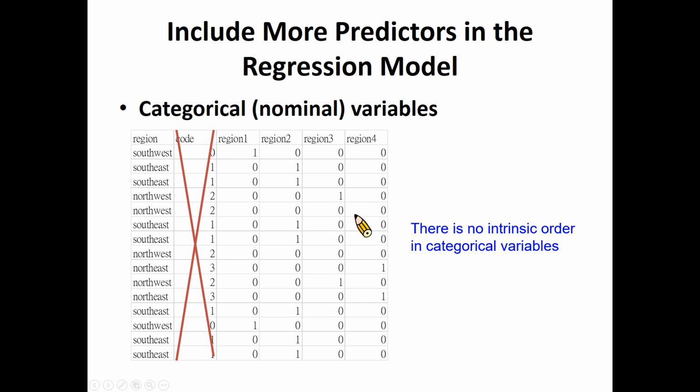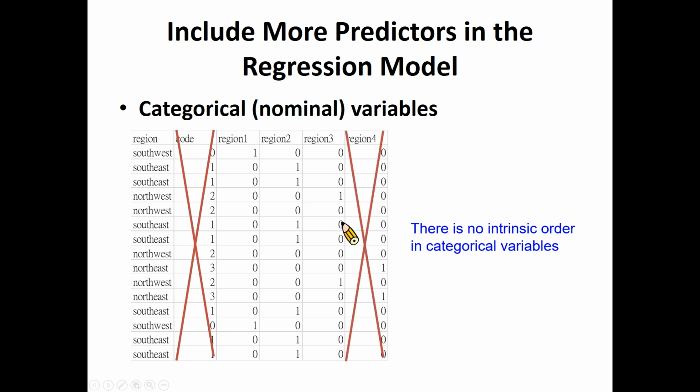So that's why, when we create dummy variables for a categorical variable, we could create one for each region, but in reality we only need three of them to represent all the information in the categorical variable.